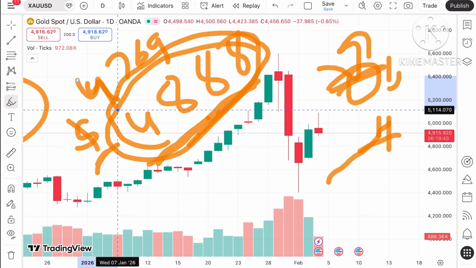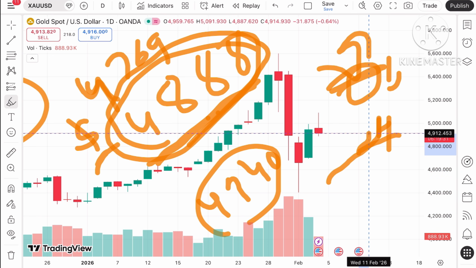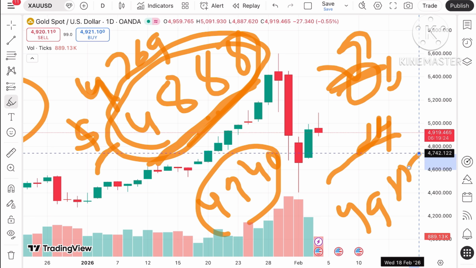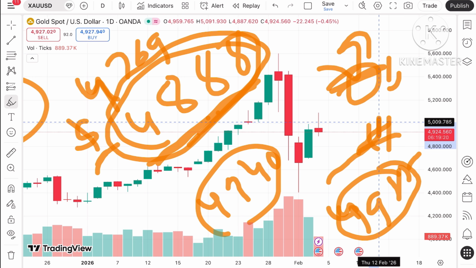If the price falls below this level, a further downfall can be seen. But if it starts sustaining this level, it can move towards 4940, and if the price moves over 4940, a further upside can be seen towards the next level, very close to it, around 4985 dollars. If it starts sustaining over 4985, the price can go further upside, and from there the probability will be high that it can touch today's high again, around 5100 dollars.